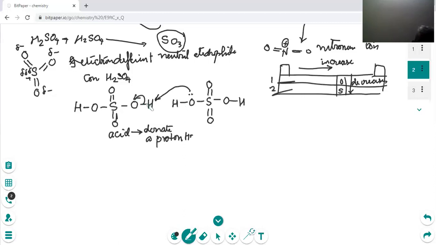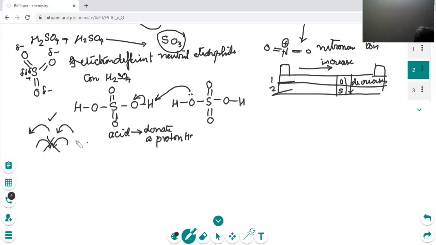See the way I have written this arrow. Always remember, an arrow will only move from one side to the other. Arrows will never converge into one point. This is wrong, this is right.